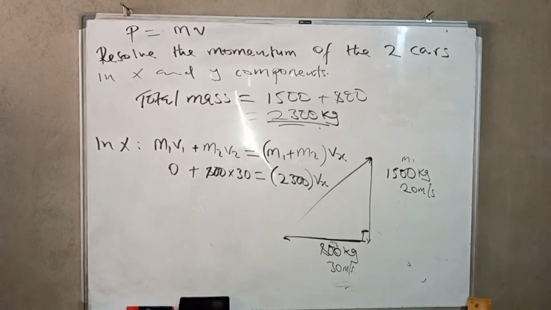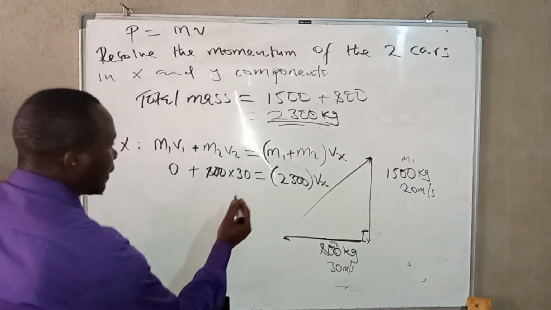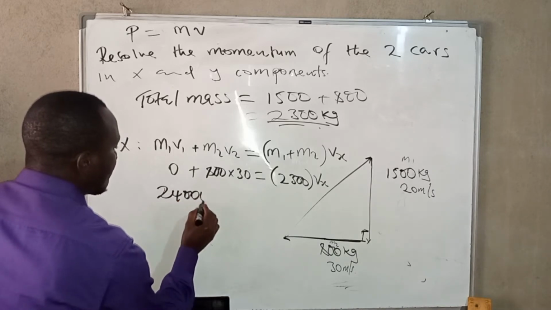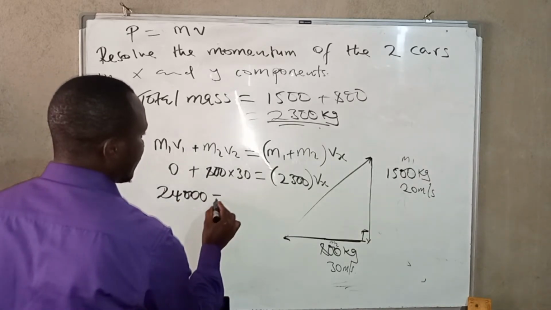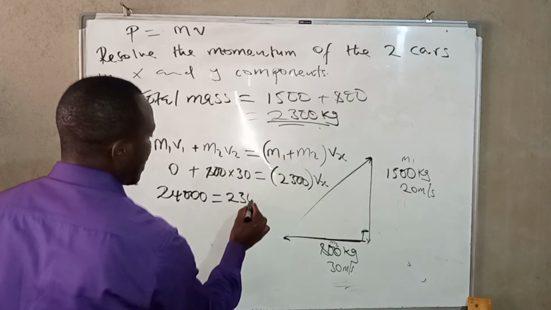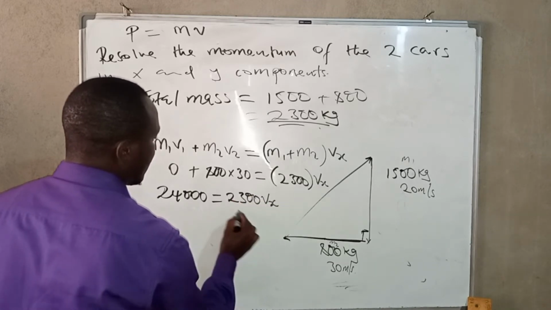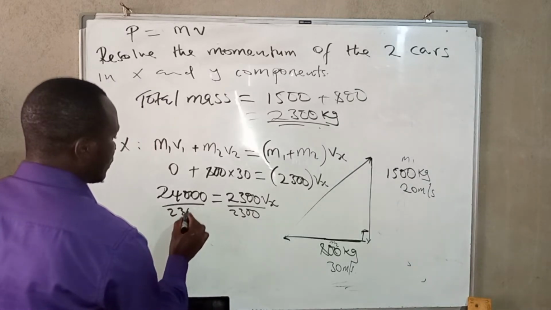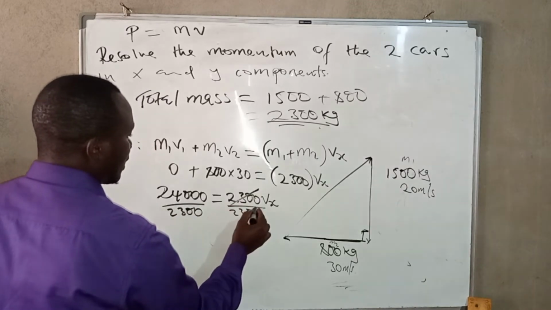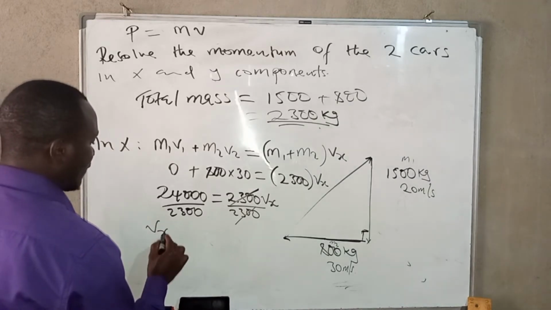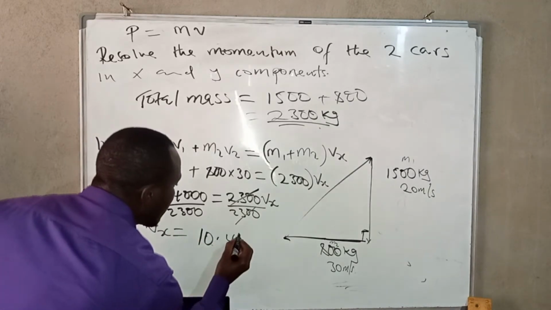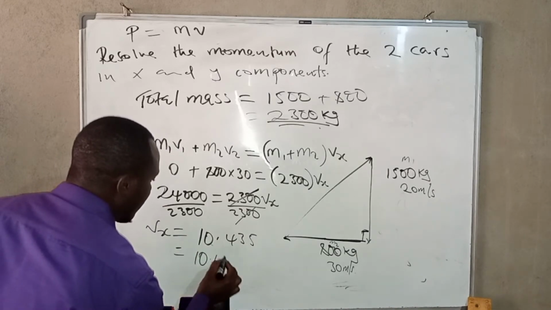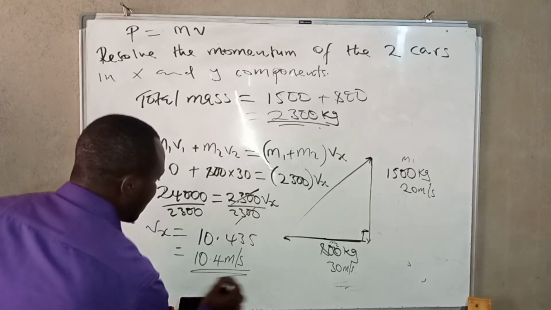So we get 24,000 is equal to 2,300 Vx. We divide by 2,300, so this and this will cancel, and what we're going to have for Vx is 10.435, which is simply 10.4 meters per second.